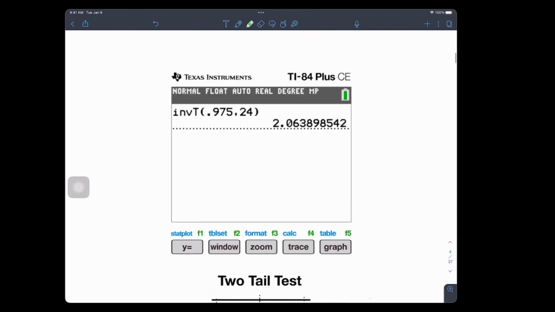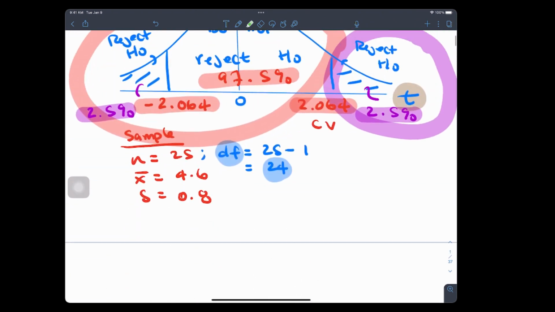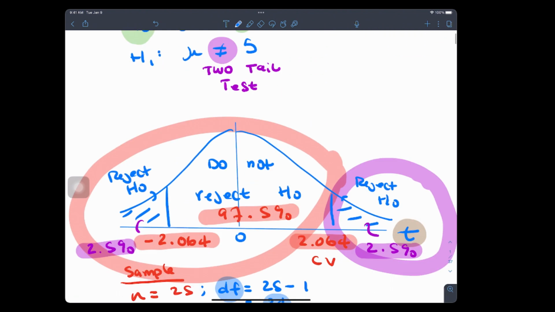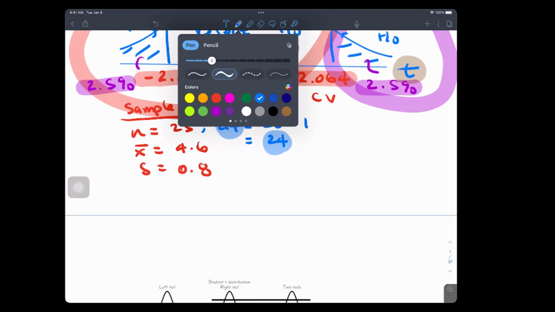Go back to your hypothesis. Mu naught, go back over here. Wasn't mu naught the what? That was the mean in the null hypothesis. What's my mu naught? 5. So here we go.